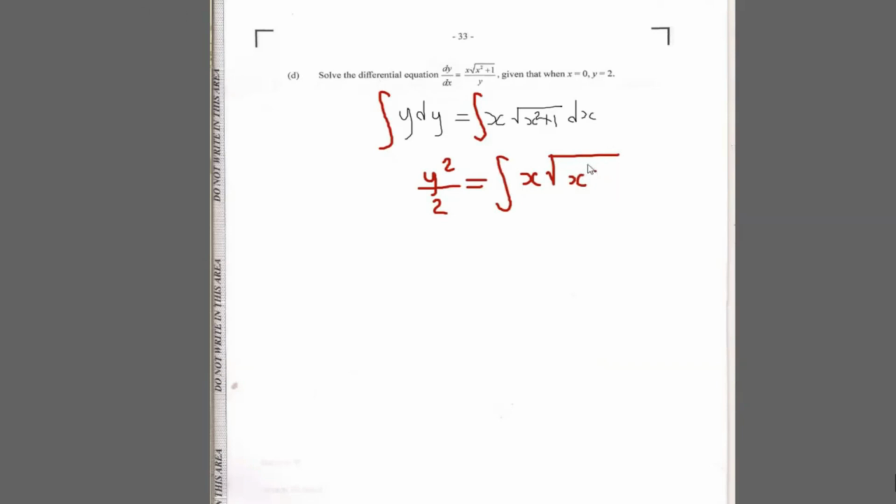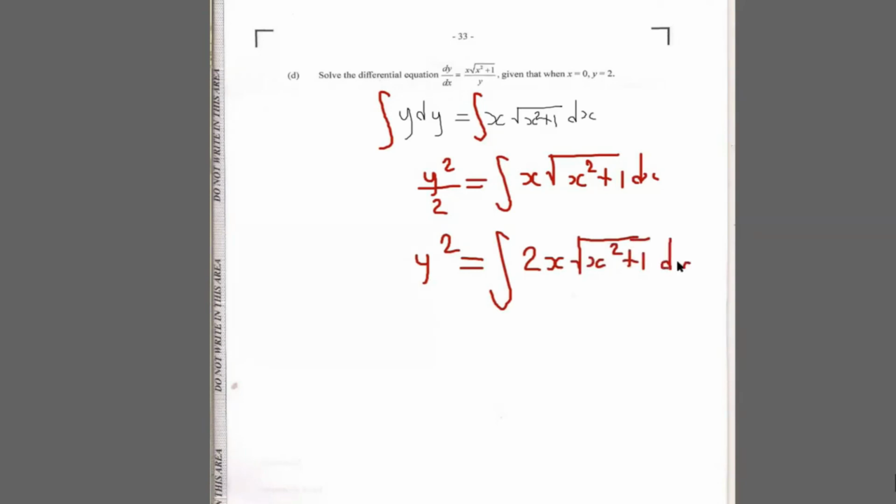Now, once you get to this stage, I want you to notice that you can multiply by the 2, and so y squared is now equal to the integral of 2x times the square root of x squared plus 1 dx. An easy question.